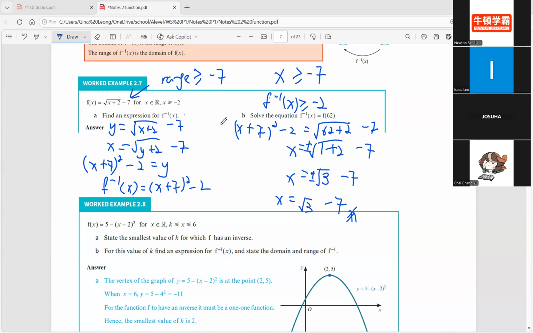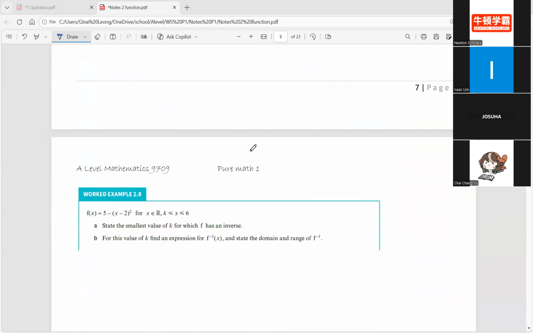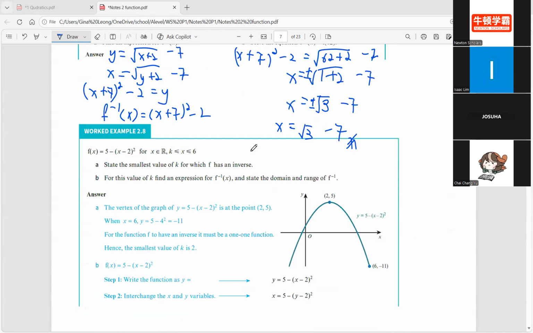Okay, for this one, I already showed the working. He already gave you the maximum and minimum, so this one should be the maximum value, maximum value 25. The domain is until 6, so you put 6 here.